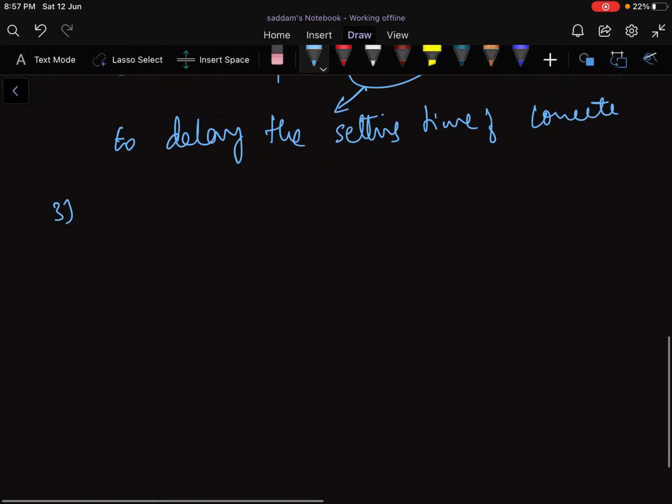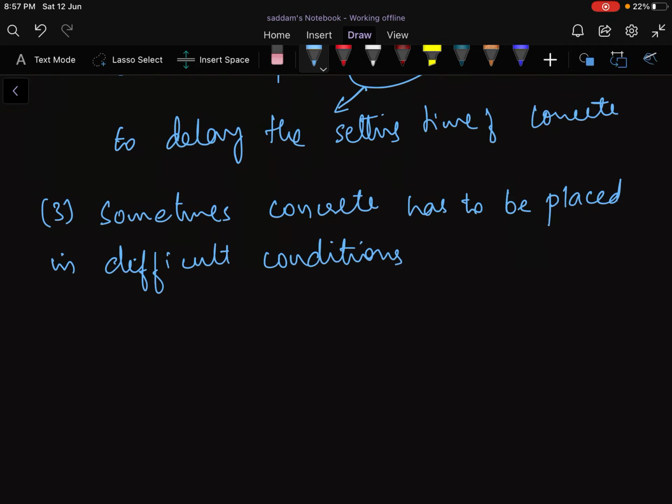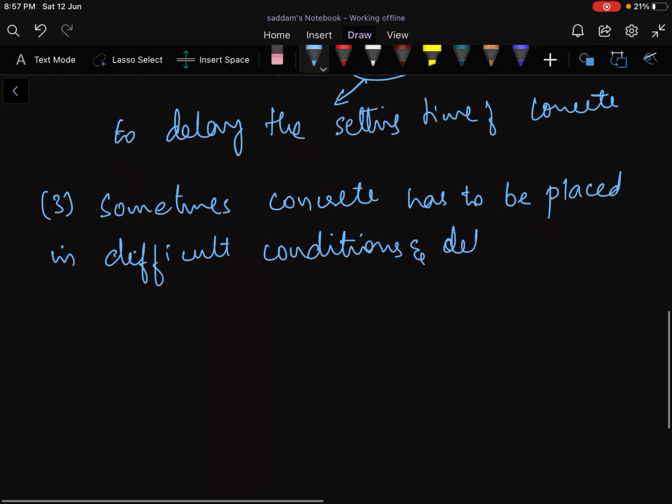so this third advantage is that sometimes concrete has to be placed in difficult conditions, and delay may occur in transporting and placing.